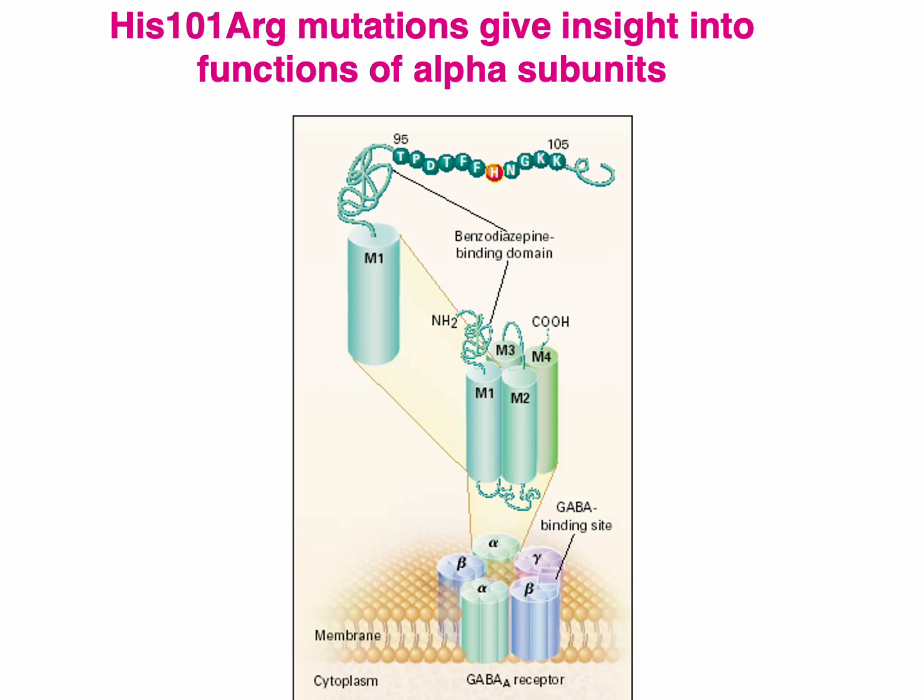But a fellow named Uwe Rudolph at the University of Zurich did a series of very elegant experiments almost 20 years ago now, where he took advantage of knowing that histidine group, marked in orange here at the top, that's required for the binding of benzodiazepines, the fact that we knew that in alpha 4 and alpha 6 that's changed to an arginine and they don't bind benzodiazepines.